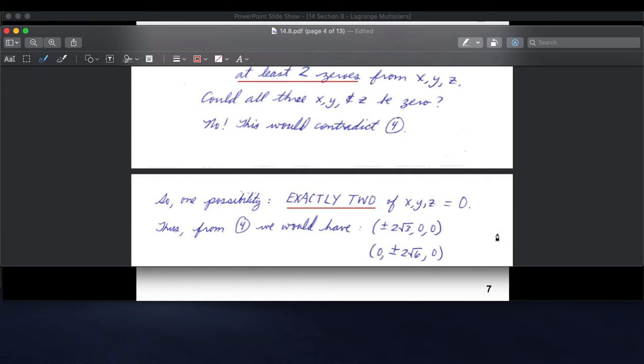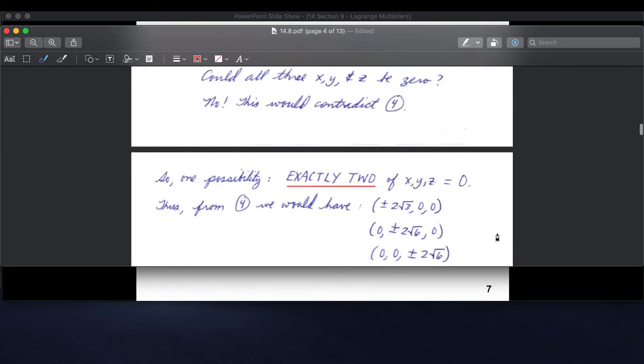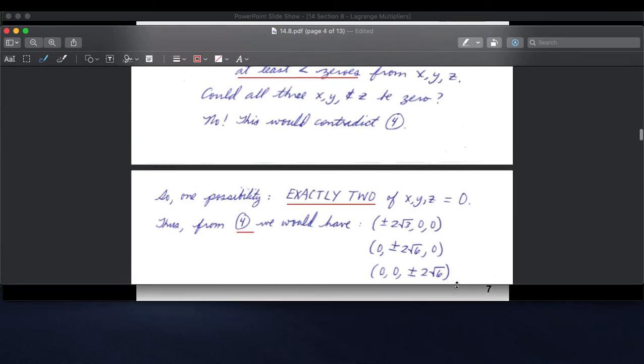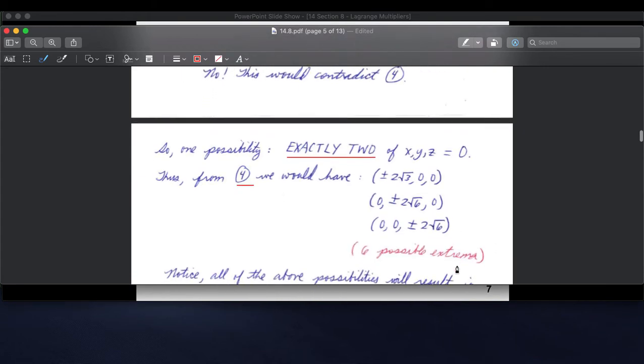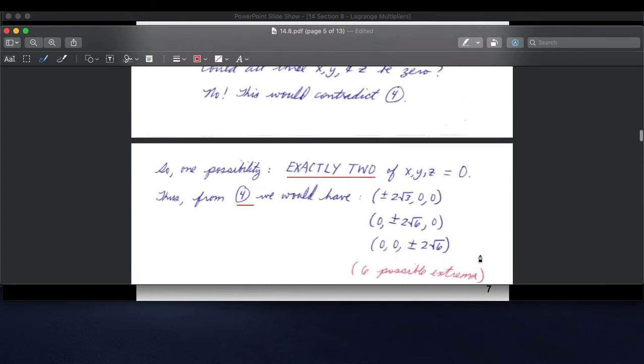And if x and y are 0, then z will be plus or minus 2 radical 6. Again, these are all being plugged into equation 4. And notice we have 6 possible extrema.